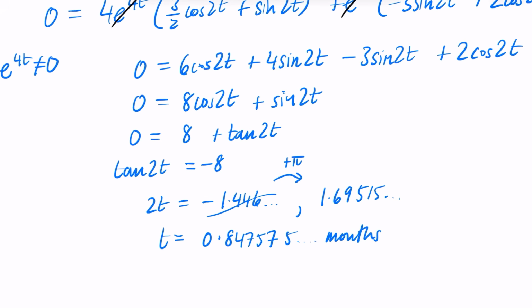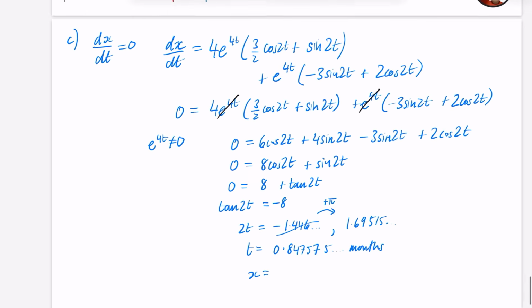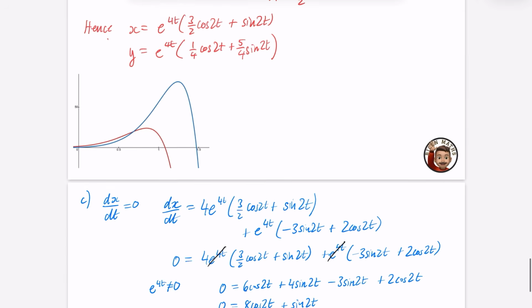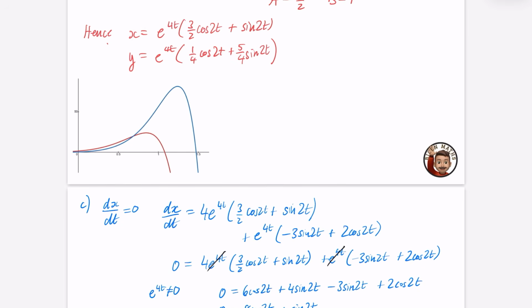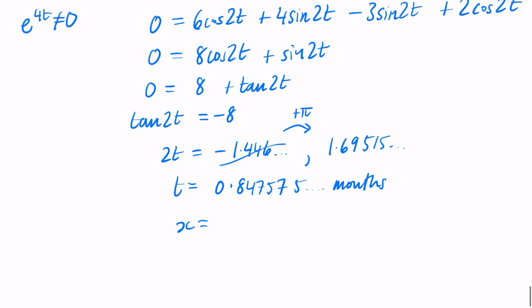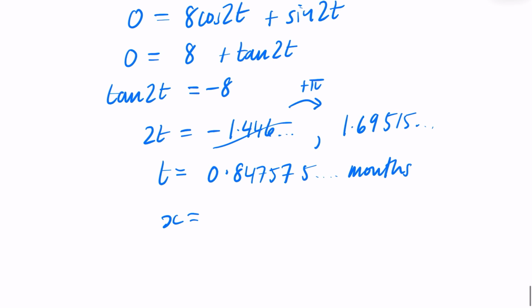And I'm going to find out what the value of x is here, just by substituting it straight into this formula, and I've got it stored in my calculator. So this will be e to the 4 answer multiplied by 3 over 2 cos 2 answer plus sine 2 answer, close off the brackets, and we get that x is equal to 23.9246.